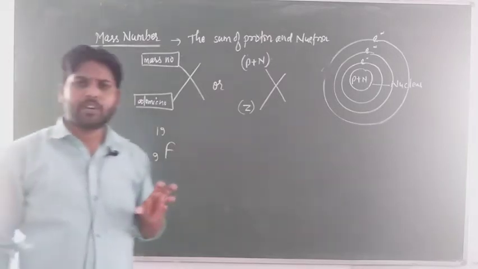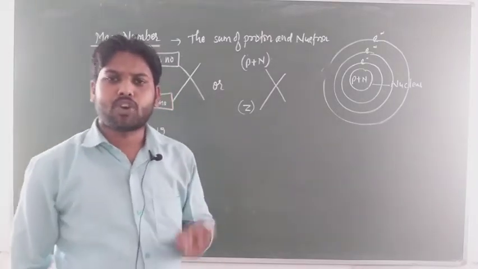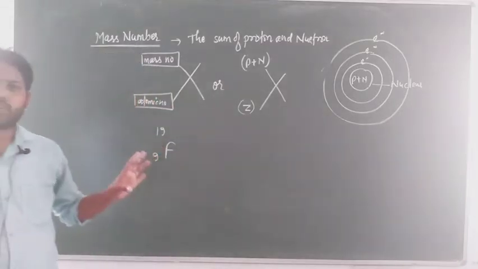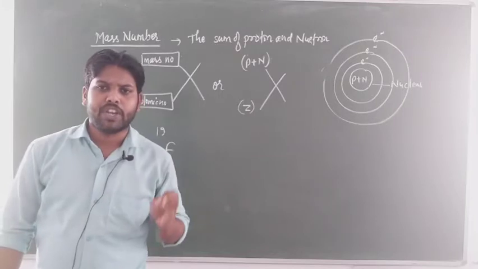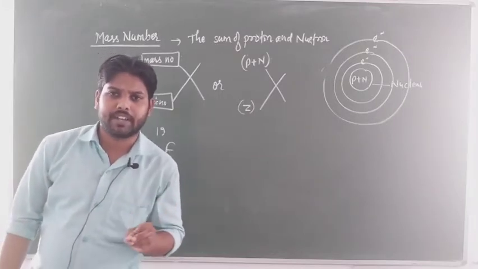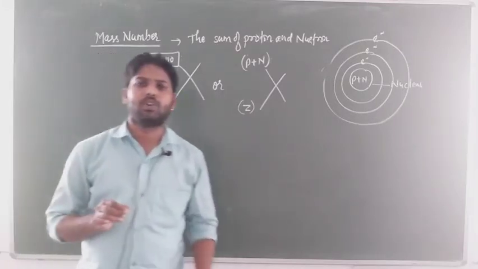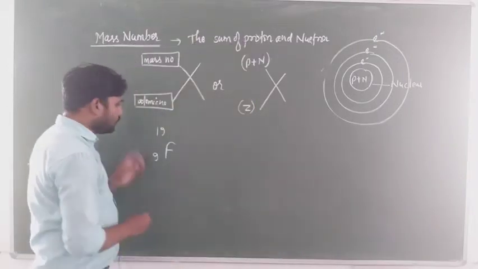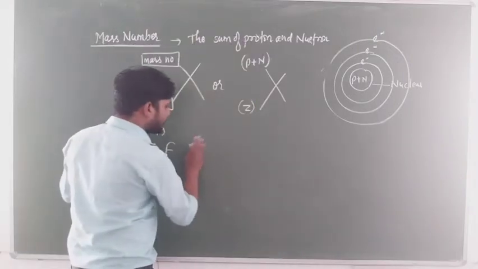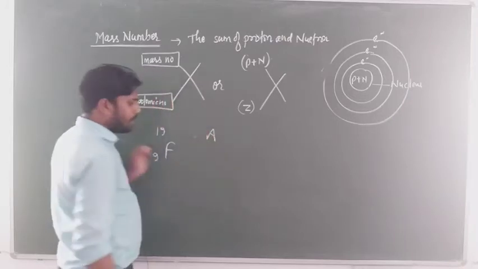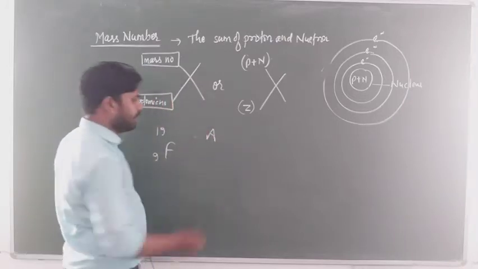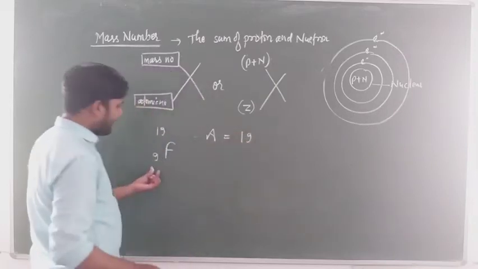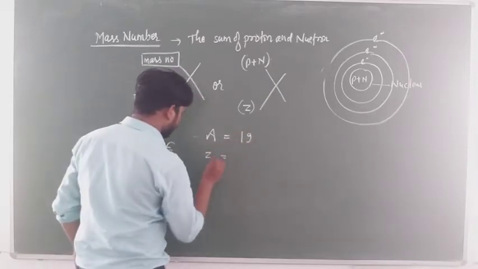So if we have to calculate the neutrons, then we can easily calculate them by the formula A is equal to P plus N, meaning mass number is equal to proton plus neutron. Now students, the mass number is represented by A, 19 is given there, and the atomic number Z is given there, 9.